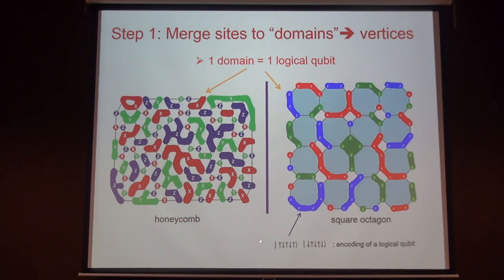In fact, these are the two-dimensional subspace that encodes the logical qubit. So the upshot is that each domain is only a qubit. Maybe you asked this question yesterday, what would be the computation of this code? One qubit, ideally we would like to be on one spin, but it's delocalized into several spins.